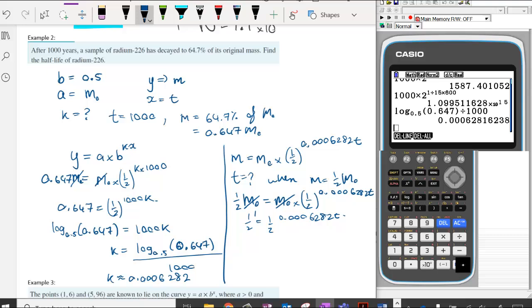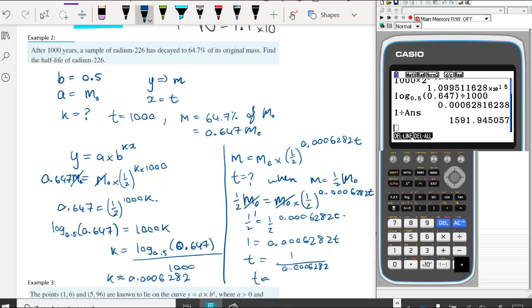Here we can see, using index equations, that 1 is equal to 0.0006282t, and therefore t is 1 on that. So t will approximately be 1 divided by the answer, which is 1,591.95 years.